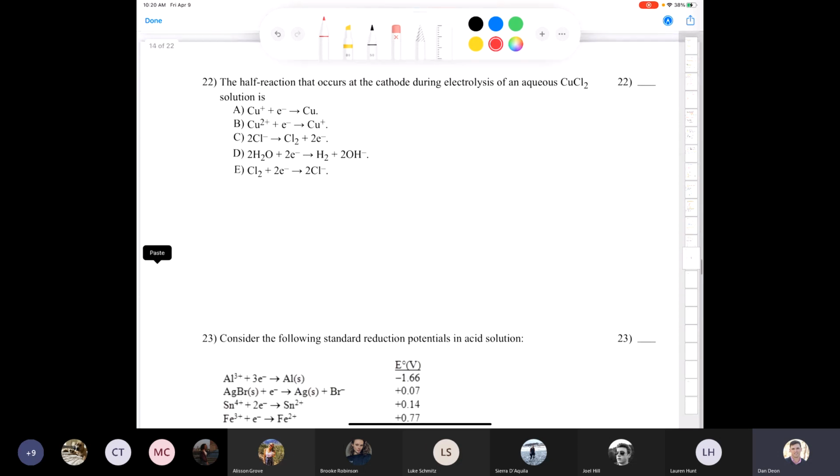Number 22, the half reaction that occurs at the cathode during the electrolysis of copper 2 chloride is, well, if I take a look at copper 2 chloride in an aqueous solution, I've got copper 2+ ions and I've got chloride ions in solution.